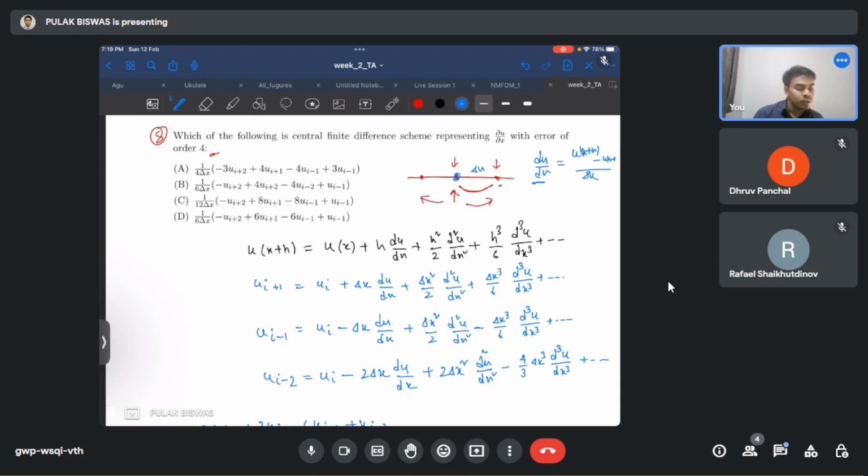You can also do that using different points. Suppose this point and this point, and that time 2 delta x is coming automatically. You can also see from this figure. In that way, you can also visualize.